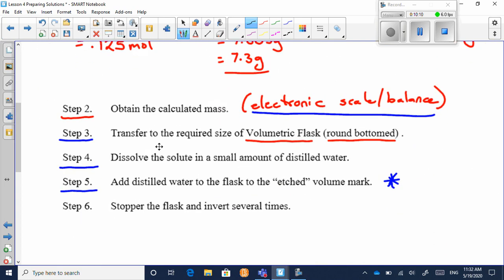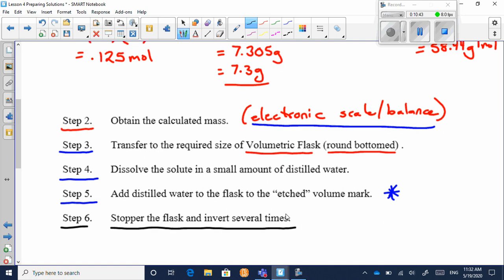Okay, so you're going to fill it up to the etched line, and then finally you're going to stopper the flask one last time. You're going to invert it, putting your thumb on top of the stopper so it doesn't come out. You're going to invert it a number of times to ensure that all of the solute has been mixed around and you've got a nice consistent color, if it is colored, or a nice consistent amount of the solute everywhere in the solution.